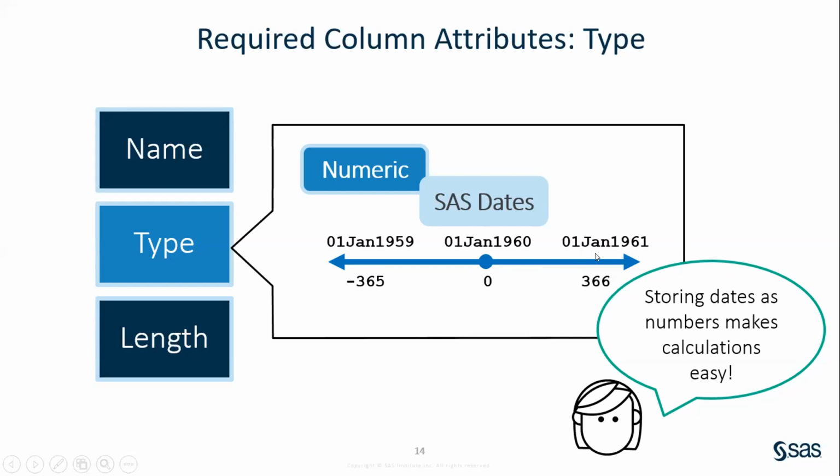So including the leap year, the total number of days is 366. Whereas 1 year back, 1st Jan 1959, it shows minus 365 days. So it's all calculated from zero, and so on. It will calculate the number of days.